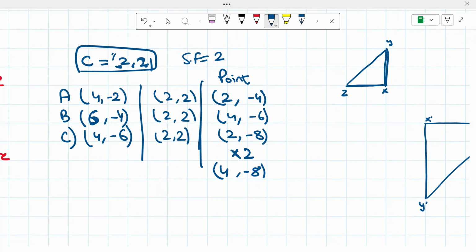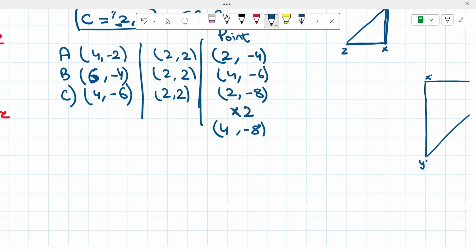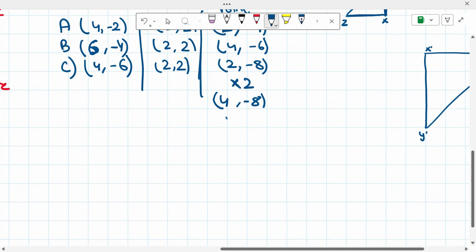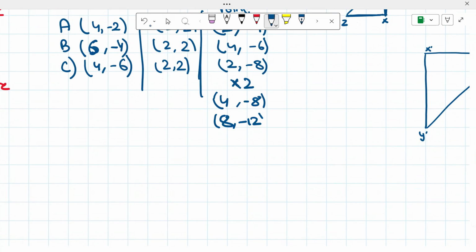The second point will be 8 and minus 12. The third point will be 4 and minus 16, because 8 times 2 is 16. We got our points A, B, and C.